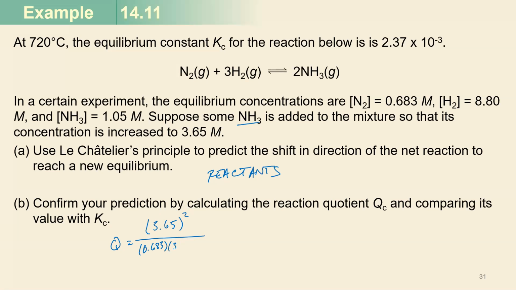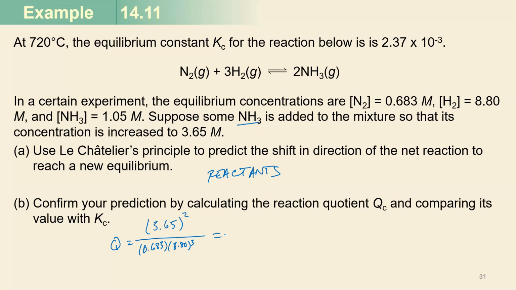And then H2, 8.80, and that's cubed. When we calculate Q, remember, Q is at a non-equilibrium position. And so the instant that we increase that concentration to 3.65 molar, that's when we calculate Q. We don't calculate Q once it's already reached equilibrium, once it has shifted.